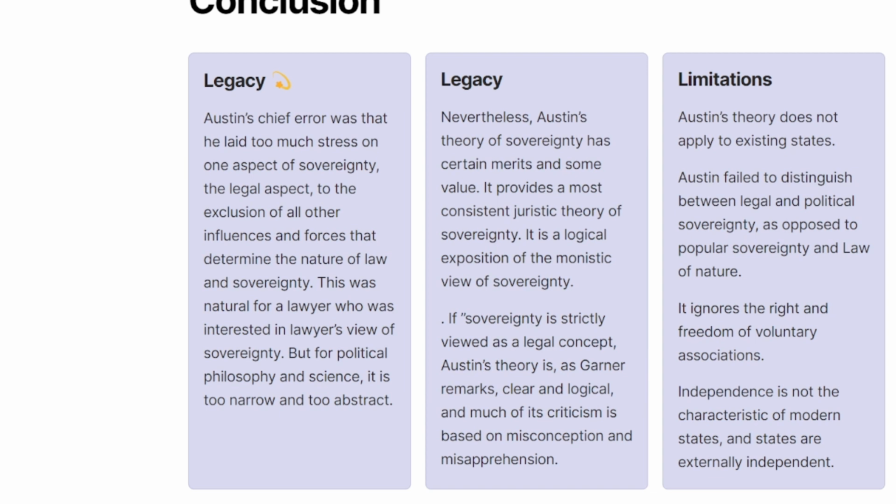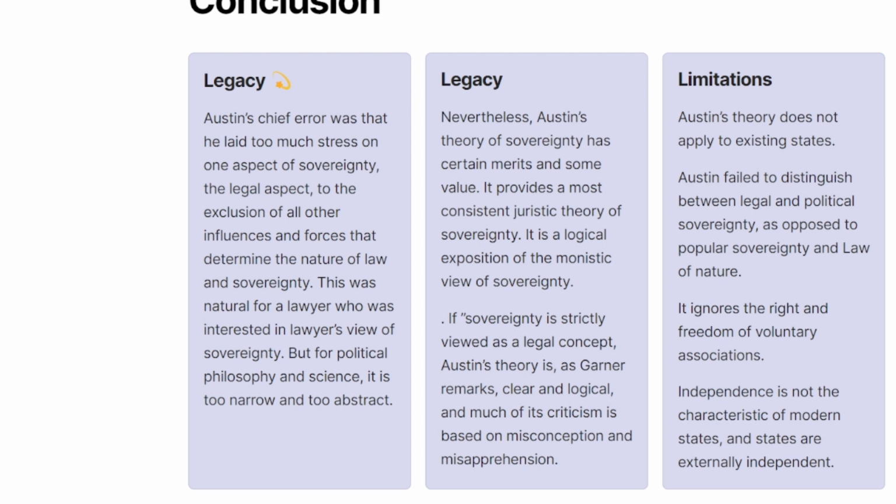So, if sovereignty is strictly viewed as a legal concept, Austin's theory, as Garner remarks, is clear and logical, and much of the criticism is based on misconception and misapprehension. Like, if we are regarding just the legal aspect of sovereignty, then Austin's theory of sovereignty is the best one. But if we are seeing sovereignty as a whole, then there are a lot of flaws in it.